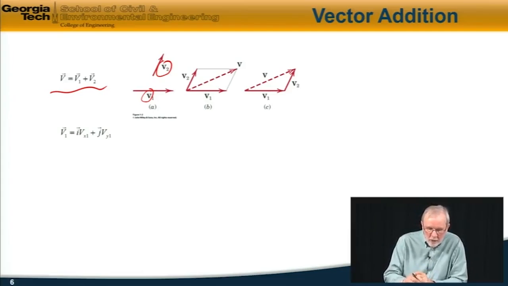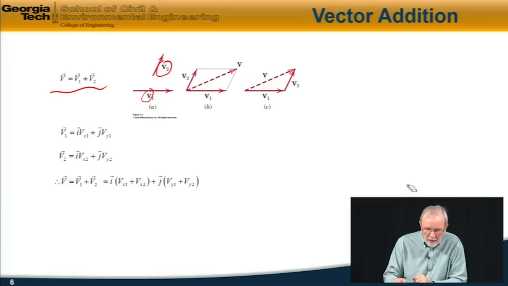So v1 is equal to i vx1 plus j vy1, where vx1 and vy1 are the x and y components of the vector v1. Similarly, v2 is i vx2, etc. So adding these two together, we have v1 plus v2 is equal to i times (vx1 plus vx2), etc. In other words, we can add the vectors by just adding their components in the x, y, and z directions separately.